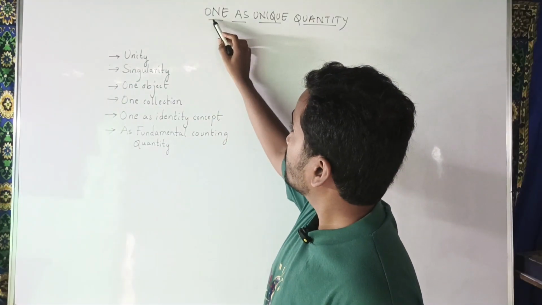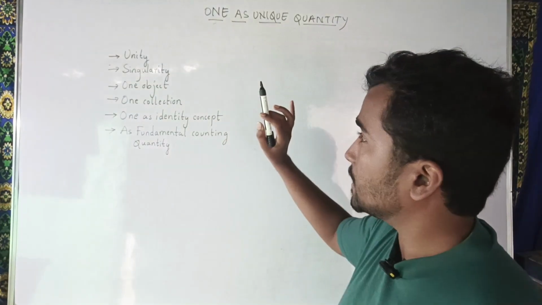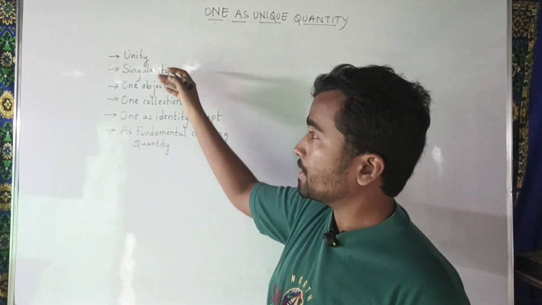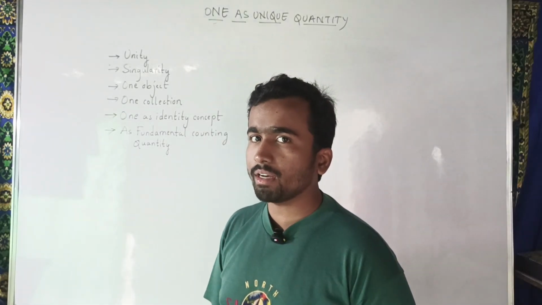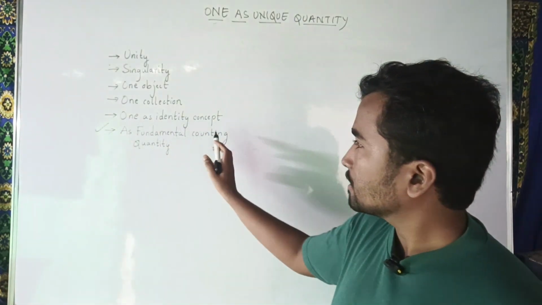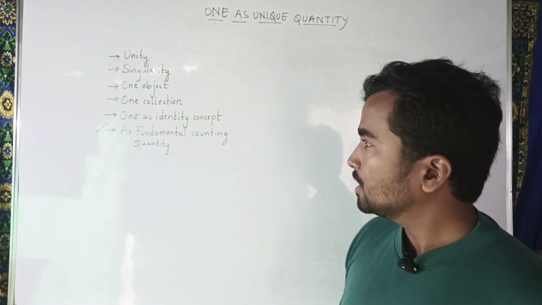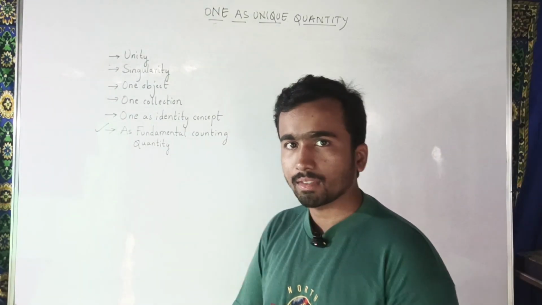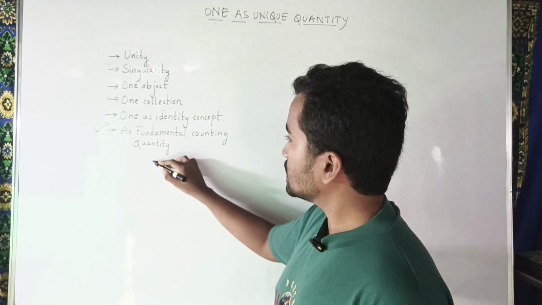Now coming to one as unique quantity, these are all the subtopics that I am going to cover in this video. First, we will start with one as a fundamental counting quantity. What does it really mean?